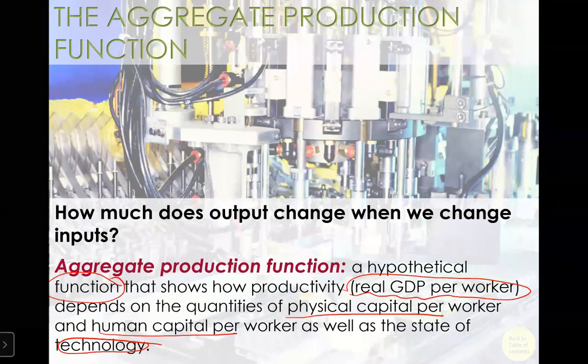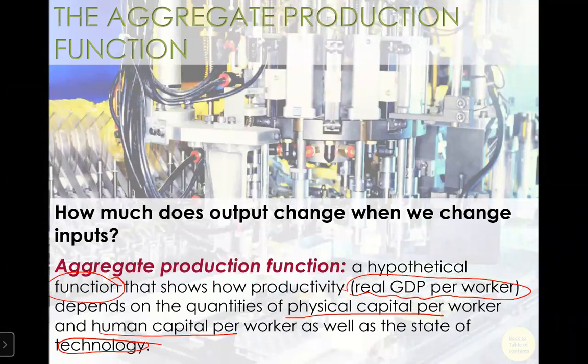This aggregate production function gives a mapping between those three inputs and how much we can produce per worker. This is quite important so that we can understand why one country differs from another.